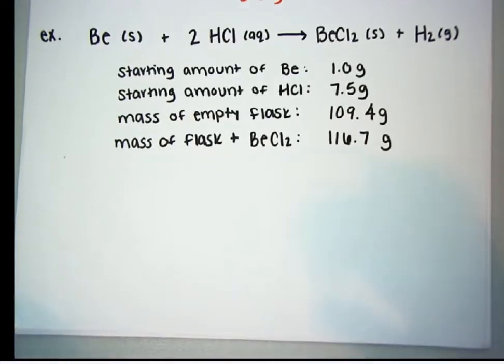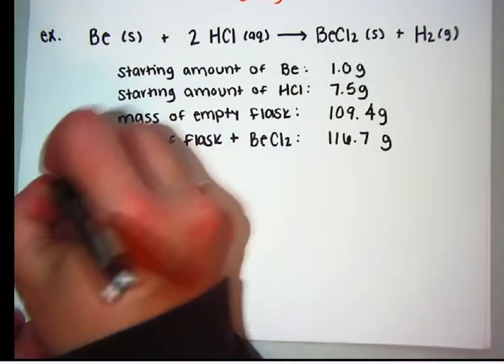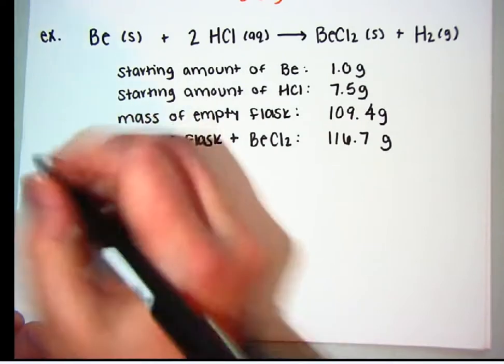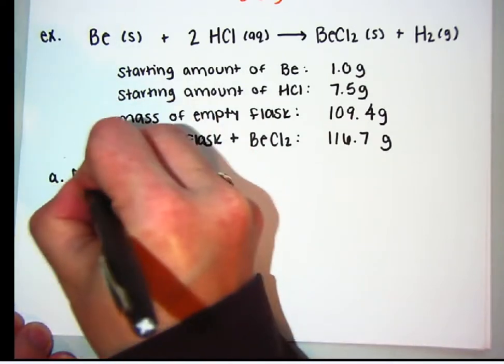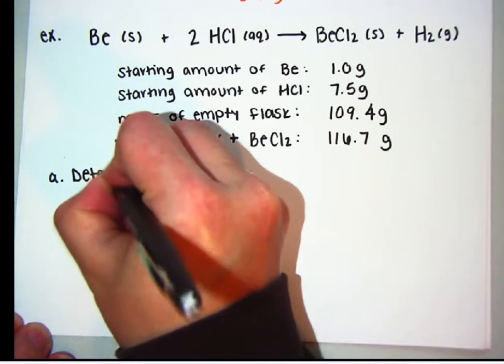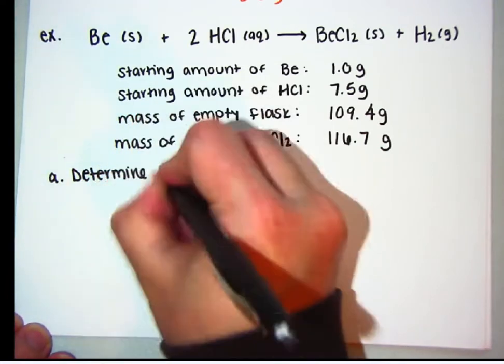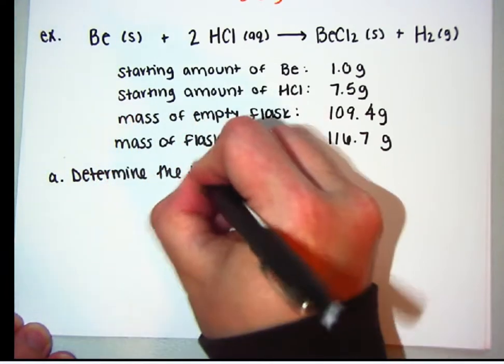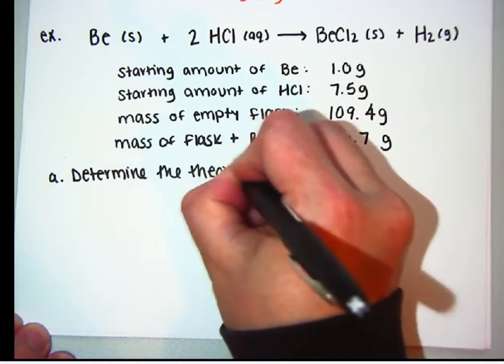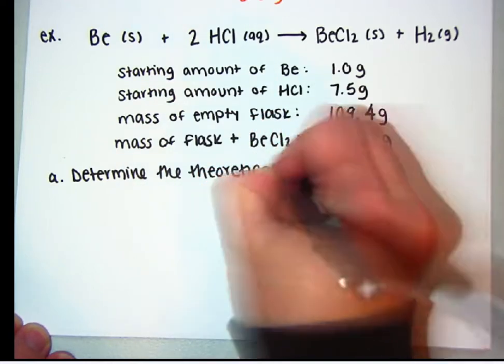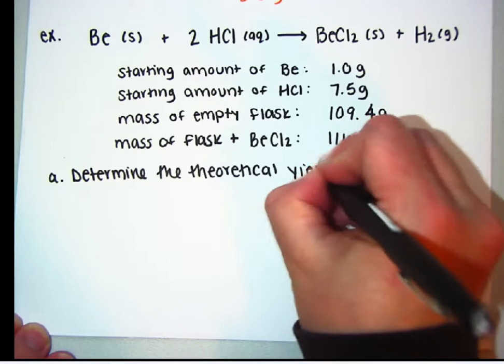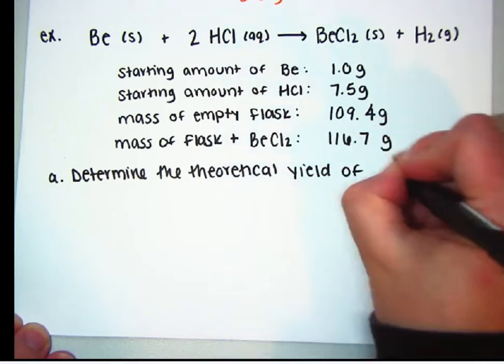We're going to have a series of questions to answer based on this reaction and this data. First, we need to determine the theoretical yield of beryllium chloride.